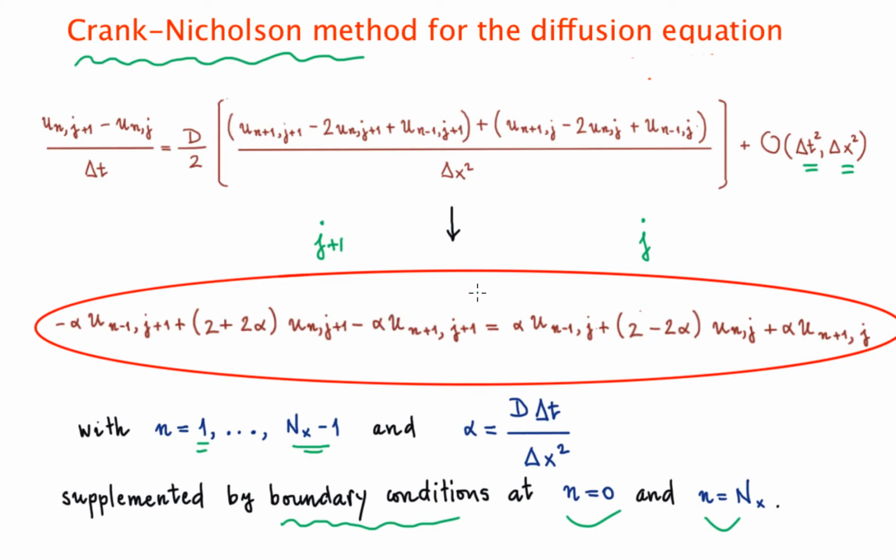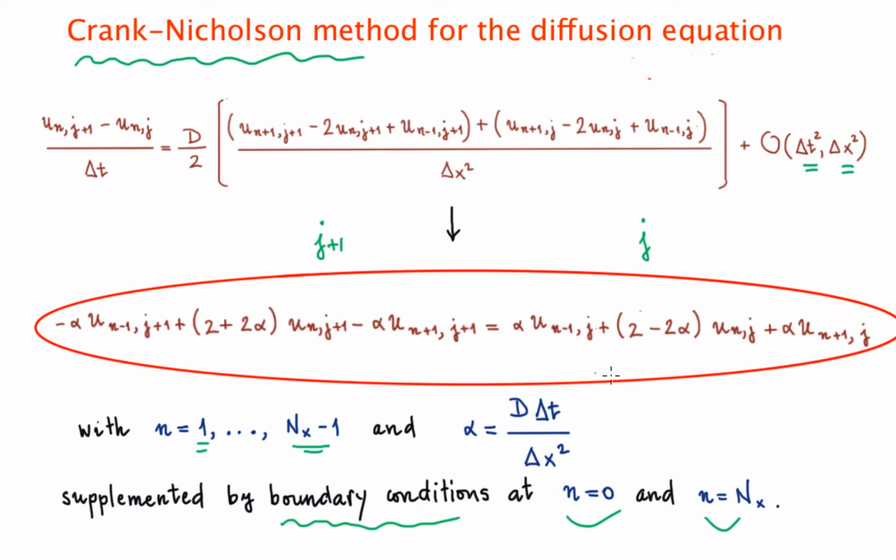So, as in the fully implicit method, we will need to deal with the matrix representation and use matrices to clear the u vector evaluated at time j plus 1 as a function of the u points evaluated at time j, because these equations can be applied at any j.